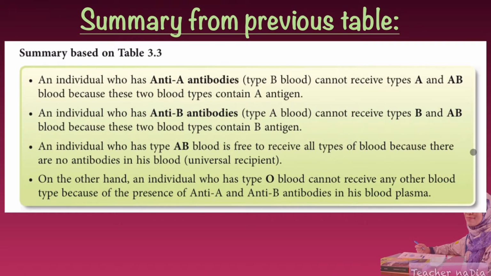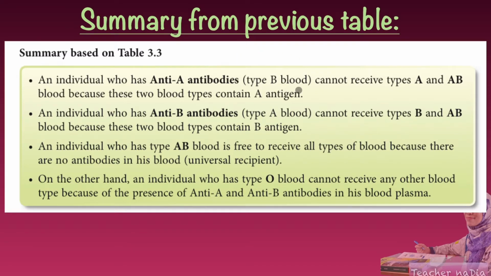So these are the summary from the previous table, to make sure that you have a better understanding. Let's look at the first point. If an individual has anti-A antibodies inside the blood plasma, the person will have type B blood.